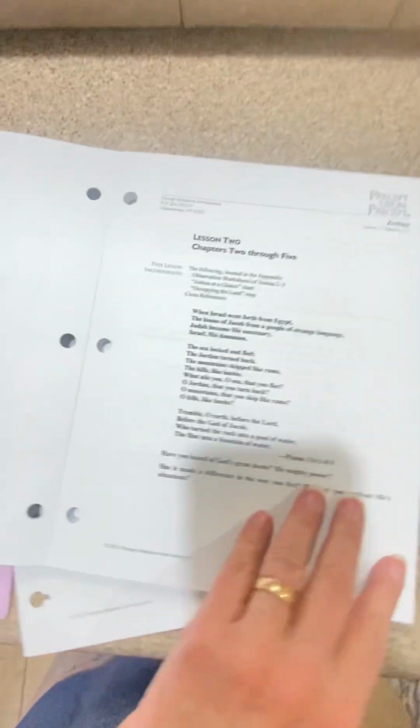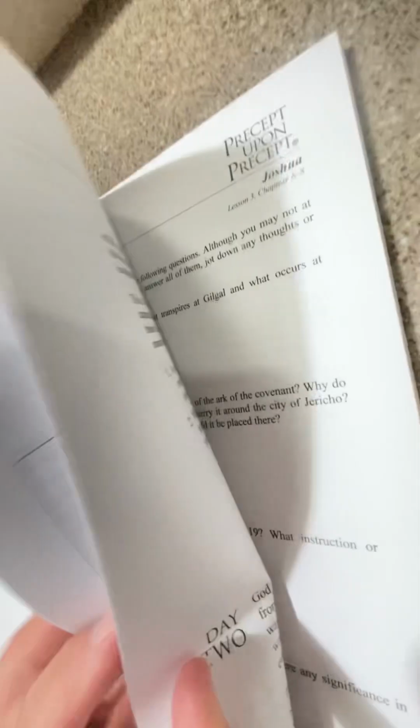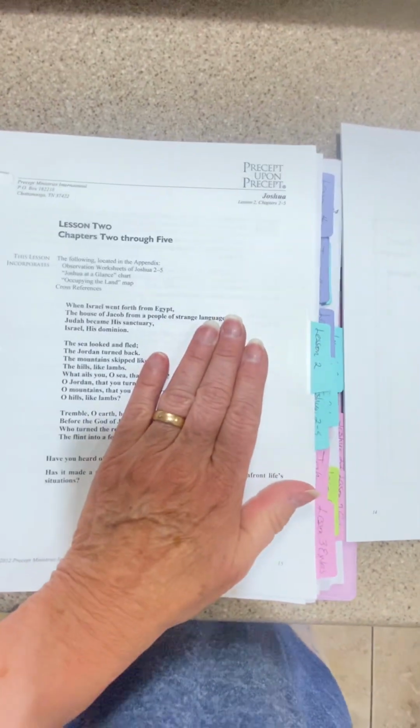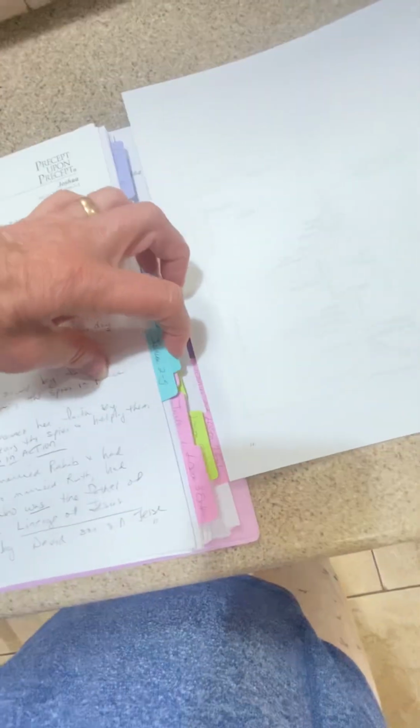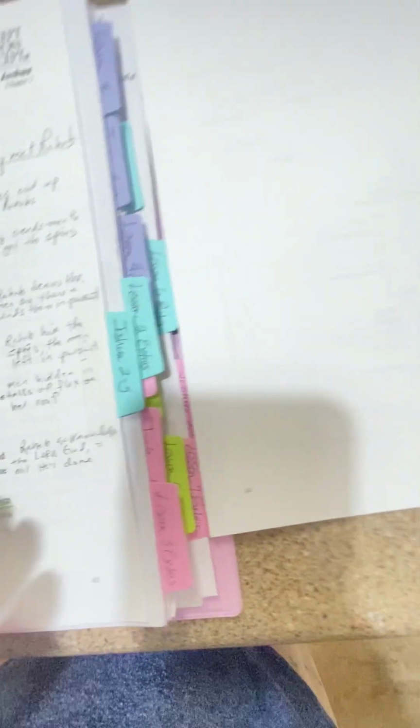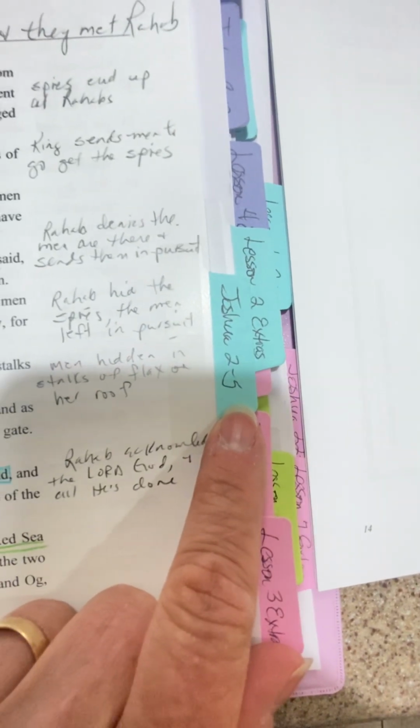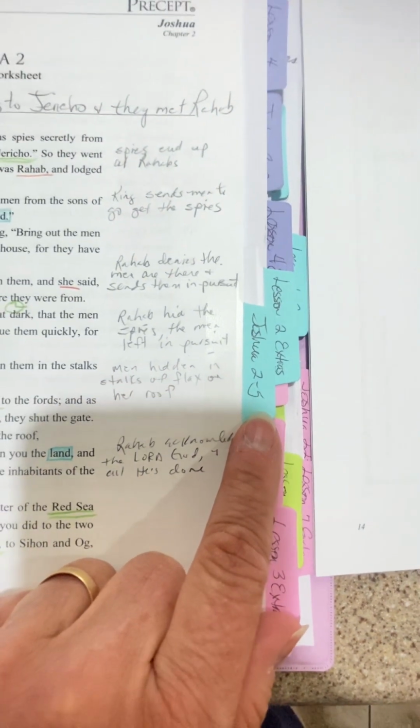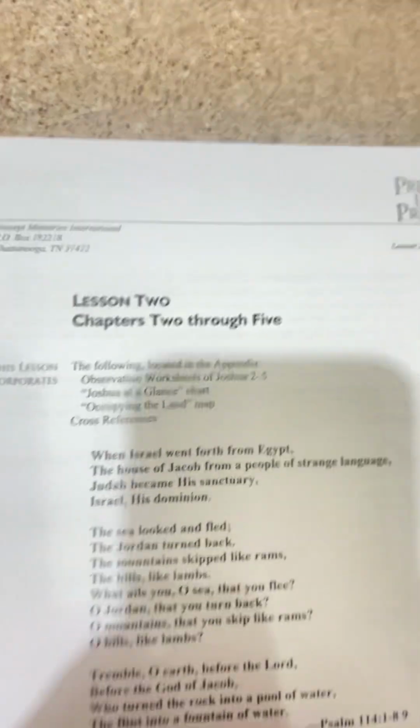You're going to tear it out of the book. Right here, you're going to take all of lesson 2 until you get to lesson 3. So there's lesson 3. Again, you're going to pull this section out, and that's going to go next. And then behind that, the worksheets that go with lesson 2. By looking at mine, I have Joshua chapters 2 through 5, and it'll tell you what lesson 2 covers.